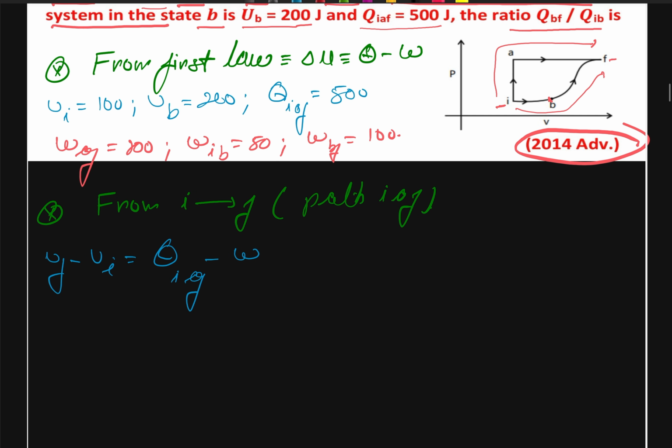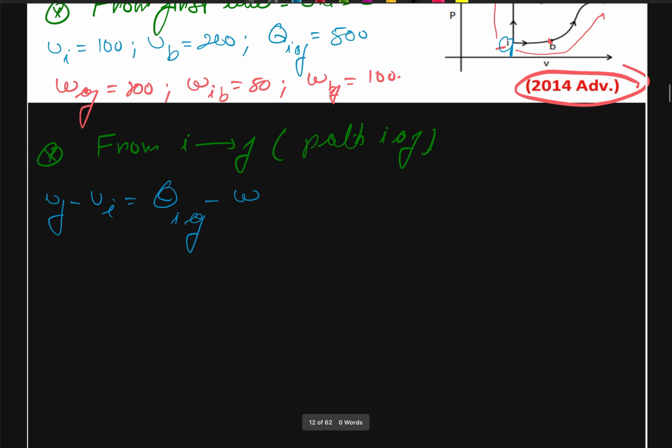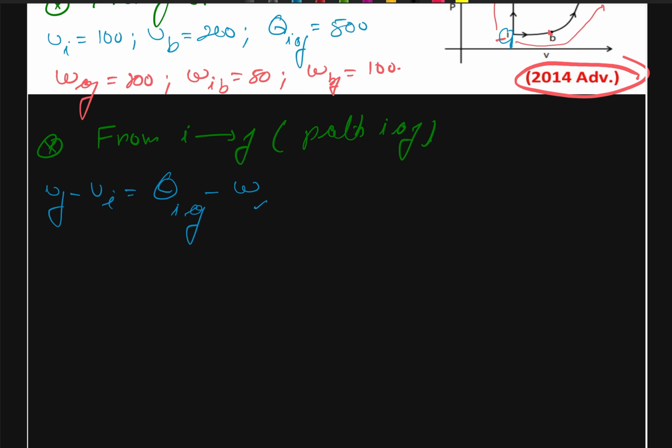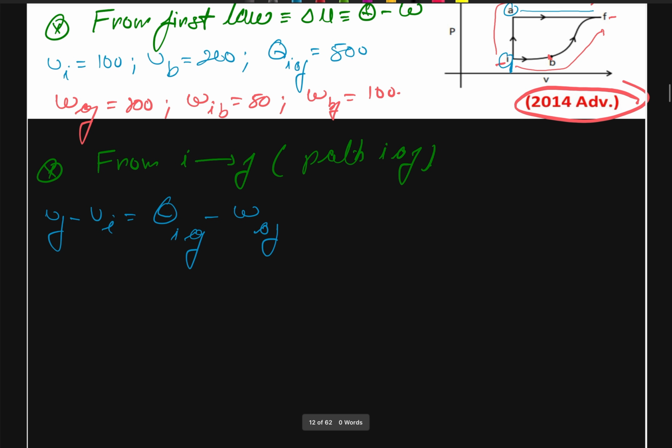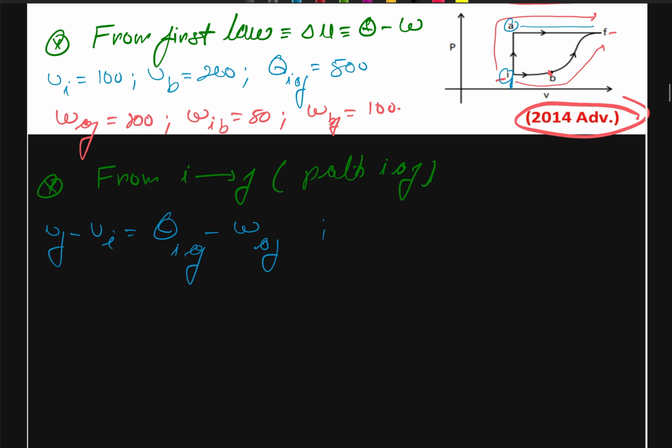Because this path between I and A is a constant volume, work done for this path will be 0, so only the work done for path AF remains, so it will be minus work done for the path AF. Work done for IA will be equal to 0 as it is constant volume.